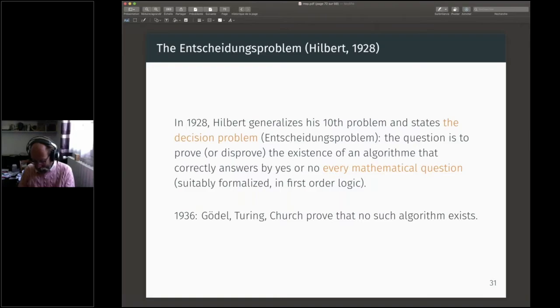For example, it would be nice if, whenever you make a computer program, the compiler could tell you, wait, I'm certain that your program will run forever. And Church had something called lambda calculus, which was another formalism for mathematical logic. So three different areas of mathematics, but all converging to the same negative answer to the decision problem.